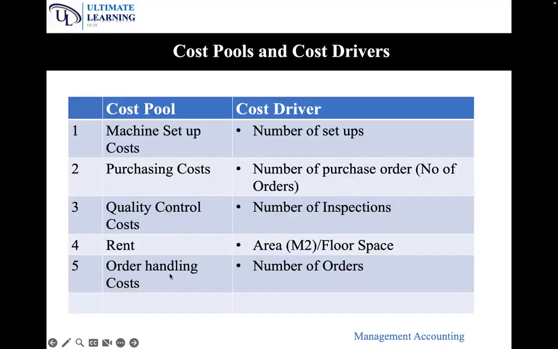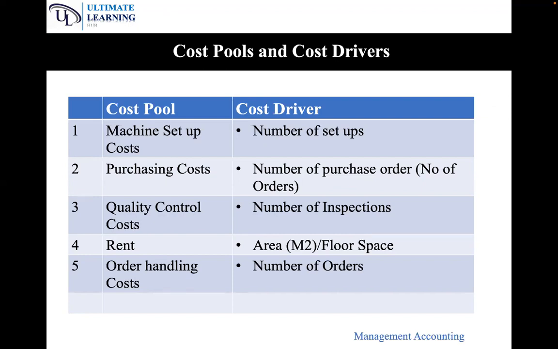Let's look at examples. So I have here cost pools as a column and also cost drivers as another column. If we start with examples of cost pools, for example, if we have machine setup costs, the best way to share machine setup costs depends on number of setups. So if one department has got more setups, it will have more setup costs.